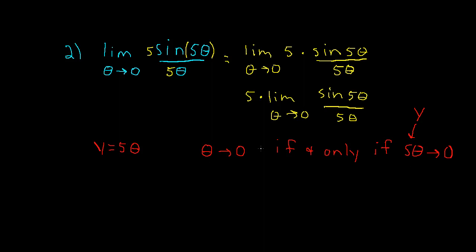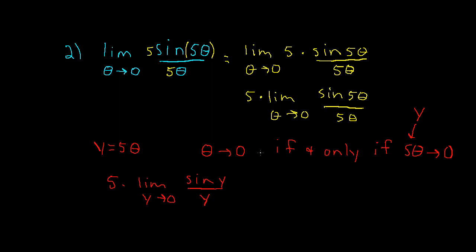So actually, I can rewrite this limit statement now as the following: 5 times the limit as y goes to 0 of the sine of y over y. Now this takes on the form that we recognize.